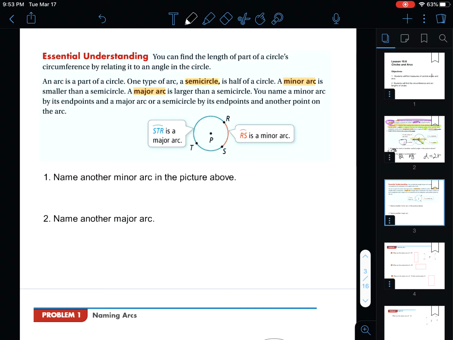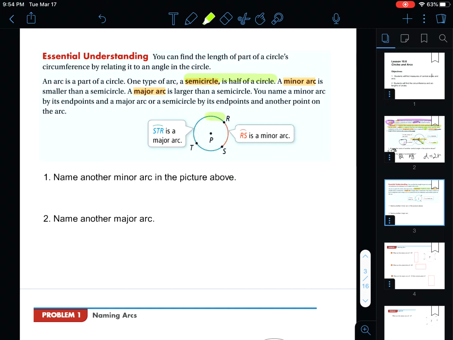All right, now, it's essential that you catch this piece. You can find the length of a part of a circle's circumference by relating it to an angle in the circle. So arc STR is a major arc, and arc RS is a minor arc. One other type of an arc is a semicircle. That's halfway around.